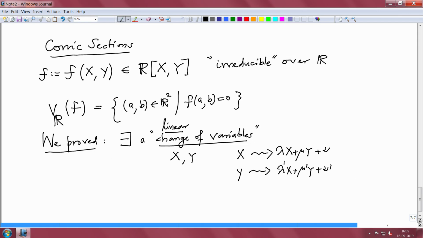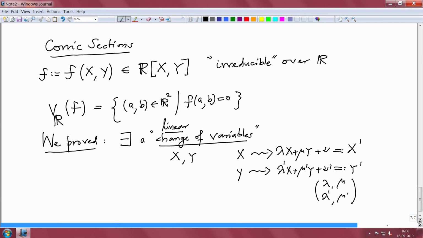When you say change of variable, if you call these x prime and y prime, from x prime and y prime you should be able to recover x and y. That is equivalent to saying that the matrix lambda mu, lambda prime mu prime, should be an invertible matrix, so that we can get back x and y.